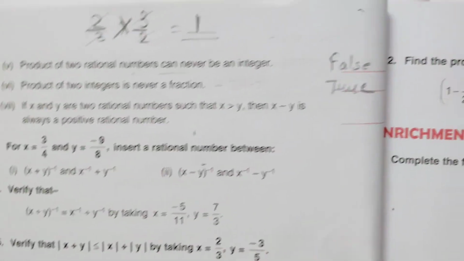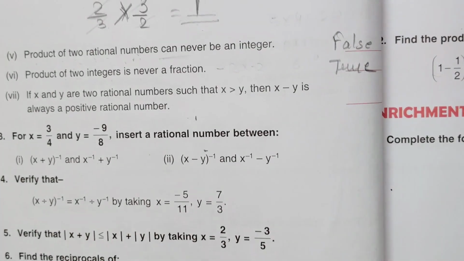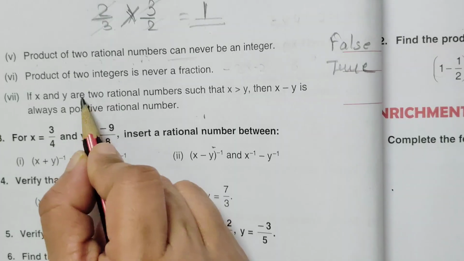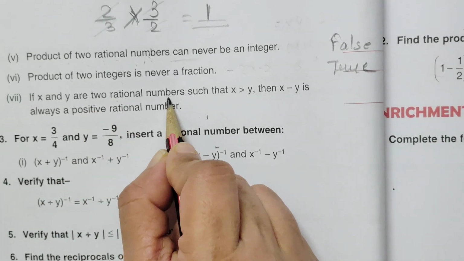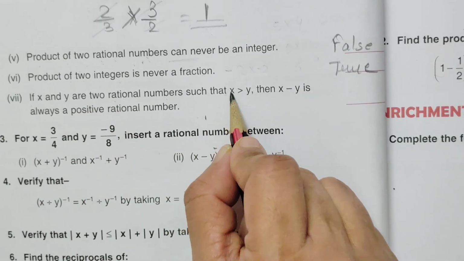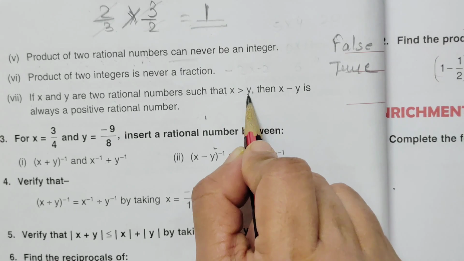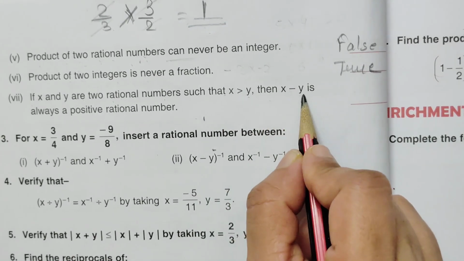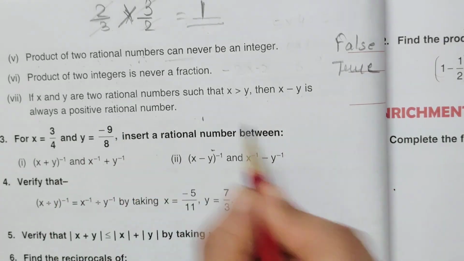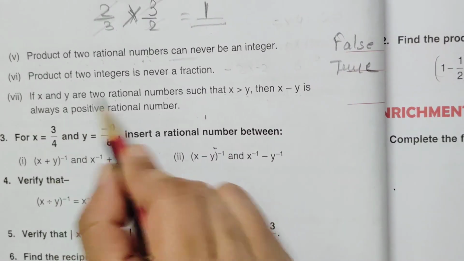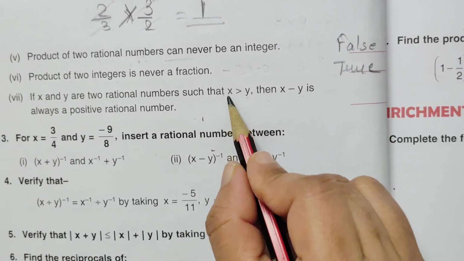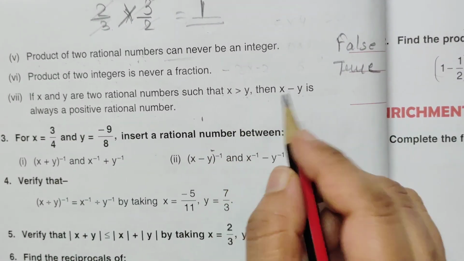Okay. Next question. If x and y are two rational numbers such that x is greater than y, then x minus y is always a positive rational number, right? x and y are two rational numbers and x is greater than y.